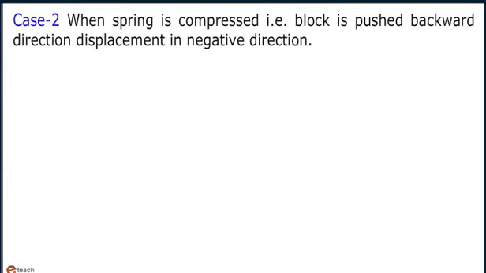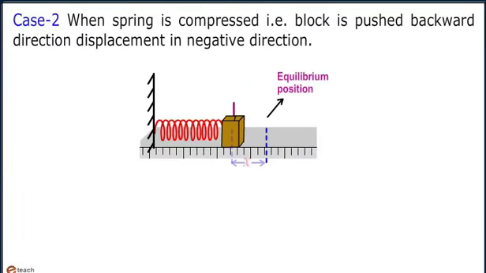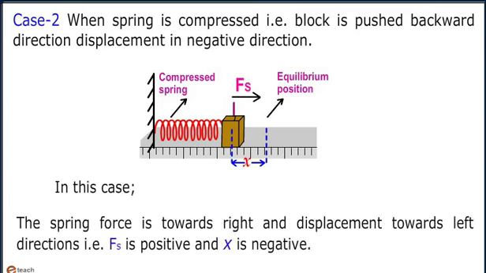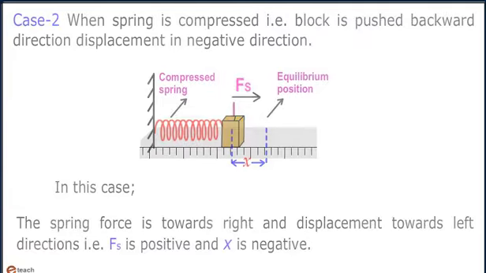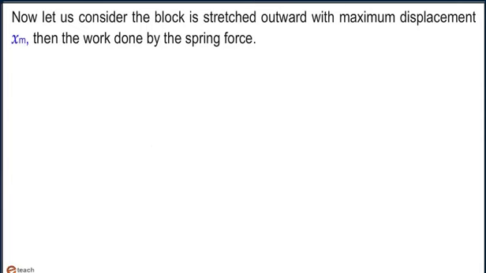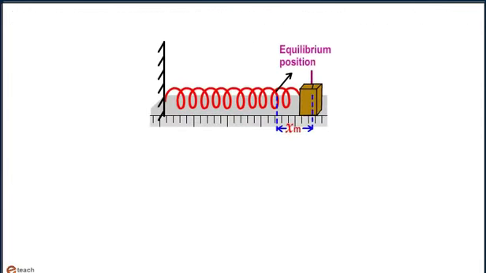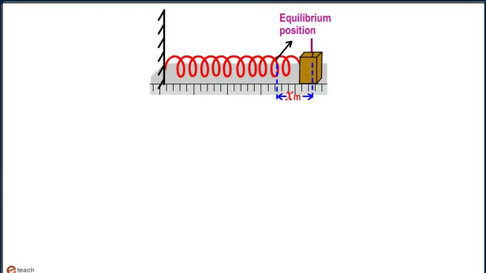When the spring is compressed, that is, the block is pushed backward, the direction of displacement is in negative direction. In this case, spring force is toward right and displacement toward left, that is, Fs is positive and x is negative.